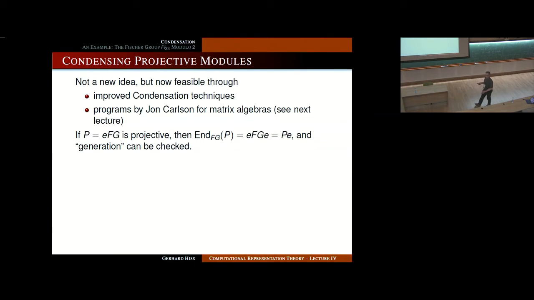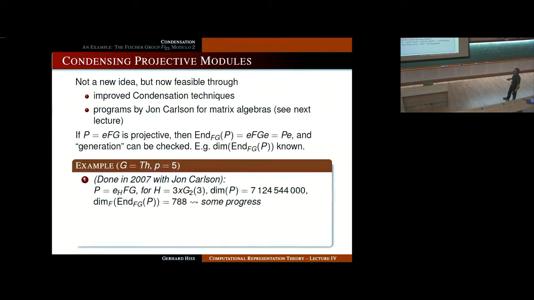You know the dimension of this algebra beforehand, and if you can compute the dimension of a finitely generated algebra, and this is a program by John Carlson, which I'm going to tell you about tomorrow, then you can check whether you have enough generators. You know this dimension beforehand from a character theory calculation, and you can compute the dimension of the condensed algebra, and then you can check.